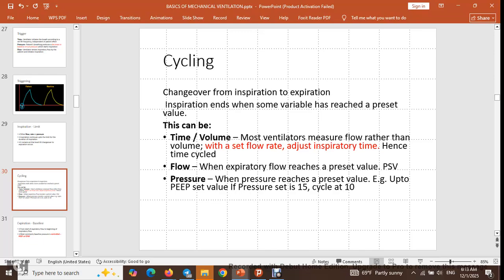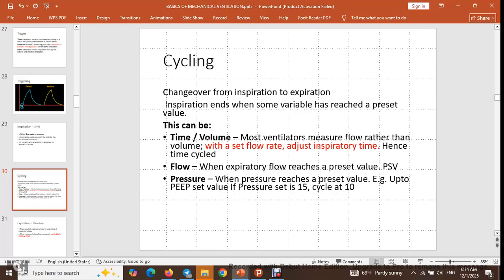Most ventilators measure flow rather than volume. So in volume control, we use flow cycling when the expiratory flow reaches a preset value, like in pressure support. Most ventilators measure flow rate rather than volume with a set flow rate, which adjusts inspiratory time, hence time can be cycled.